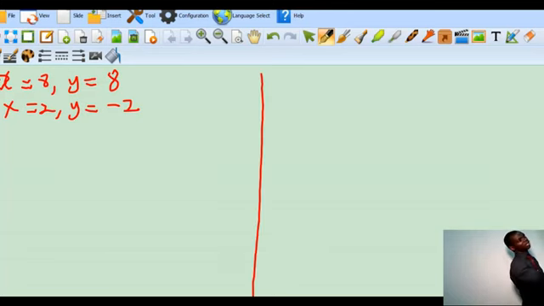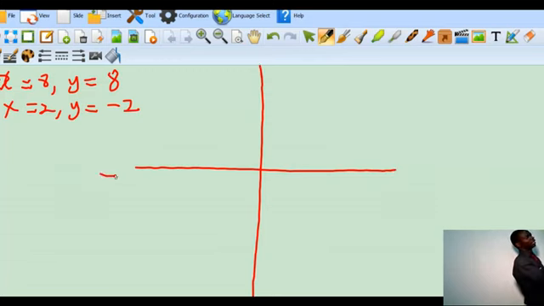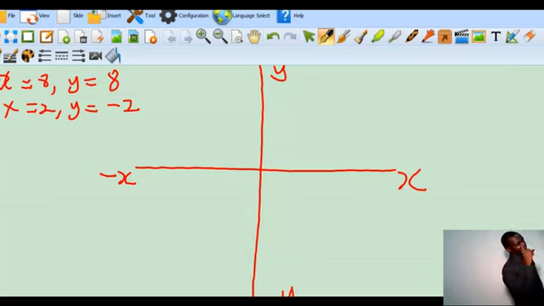Let's plot the graph and see how it's going to look like. On the graph, your minus x axis is towards the left hand side, while your positive x axis is toward your positive right hand side. Now your y will be the one up, while this one will be your minus y. And let's take a scale: 2, 4, 6.